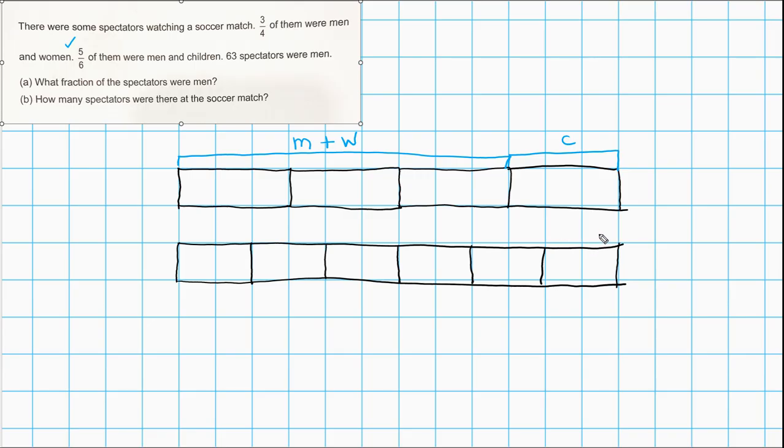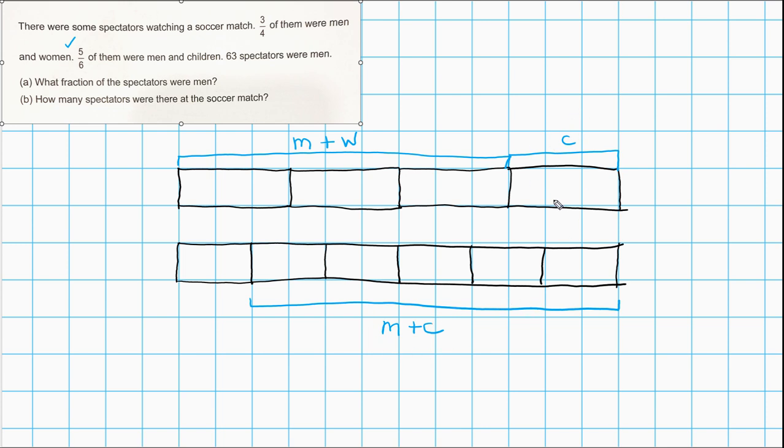So what I'm going to do is work this way to draw in my 5/6. So that would be 1, 2, 3, 4, 5. Okay, so this is, okay, I should have used that other color, shouldn't I? Let's do that again. This 5/6 is men and children. Now, I hope if you think, so that's men and women, and this is children, and this part is men and children.